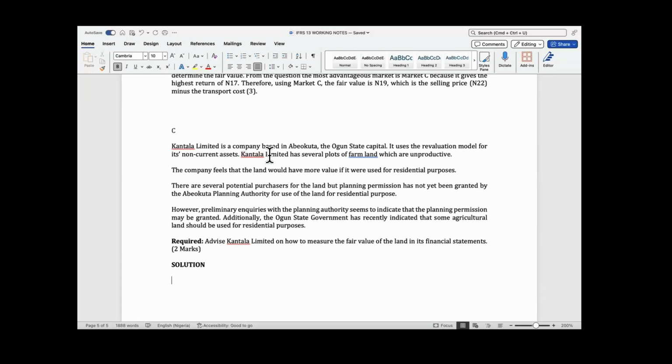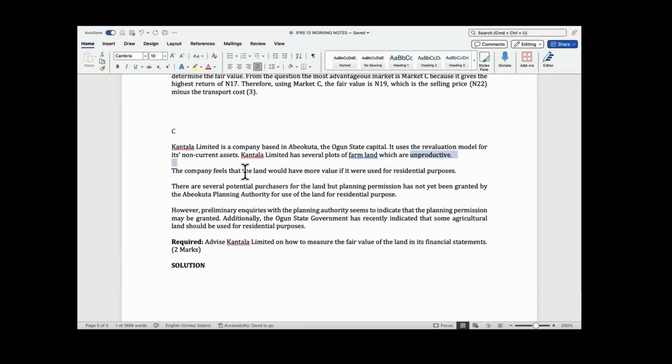The asset in question is a farmland, and they said using it for farmland is unproductive.